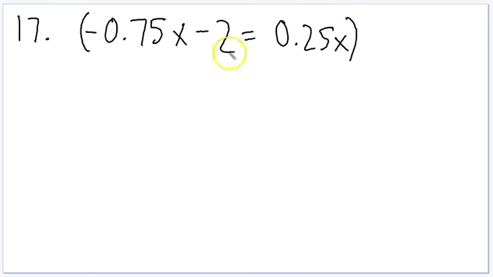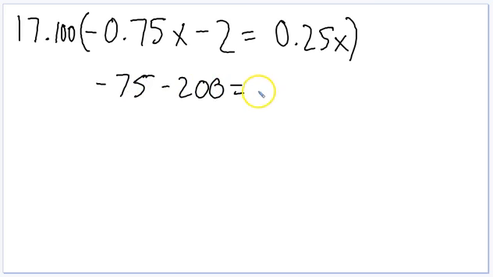I'm going to multiply the whole thing by 100 because there's 2 decimal spots. So I get negative 75x minus 200 equals 25x.